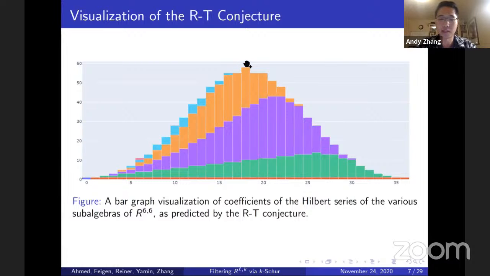And there's a unique maximum here because this is guaranteed by the Hard Lefschetz theorem, which states that there exists an isomorphism between degree D and degree K times L minus D. And this isomorphism is given by multiplying some power of the hyperplane class. And so this will guarantee that there's only one unique maximum.